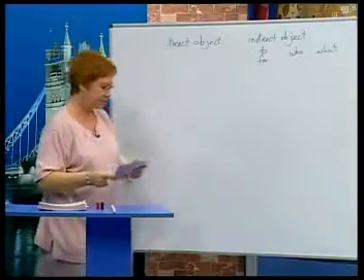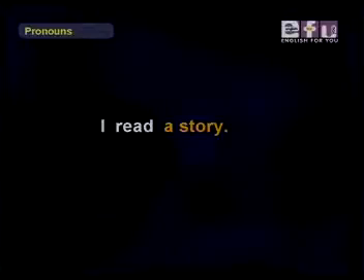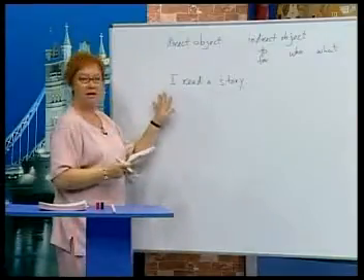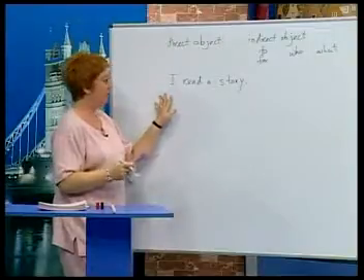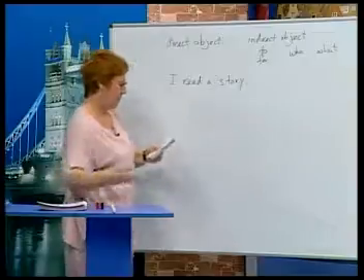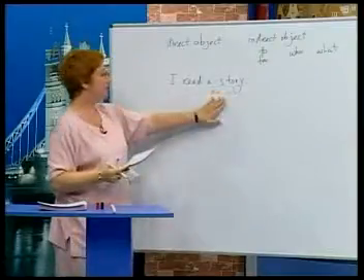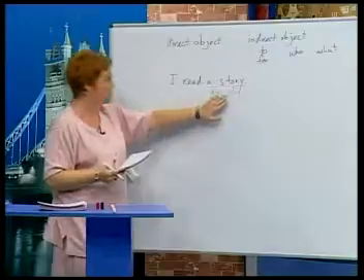Now, look at this sentence. I read a story. Okay? Now, the story is the direct object. Okay? It answers the question, what did you read?